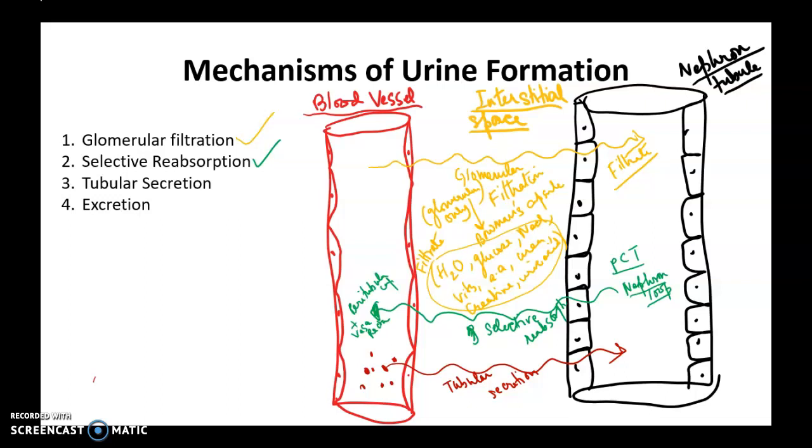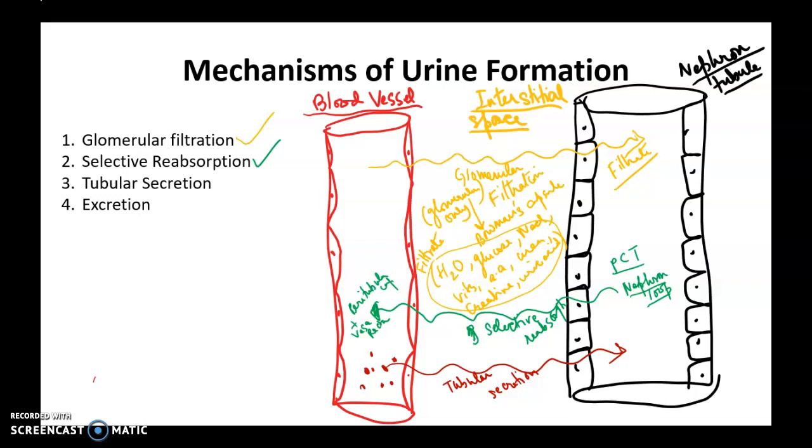Glomerular filtration is a bulk process, so a lot of stuff gets filtered out of the blood into the filtrate. In case of tubular secretion, it takes place at other parts of the nephron apart from the glomerulus, and by this process only selective things move from the blood vessel into the specific part of the nephron tubule.